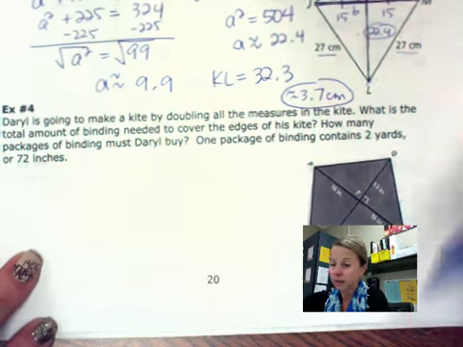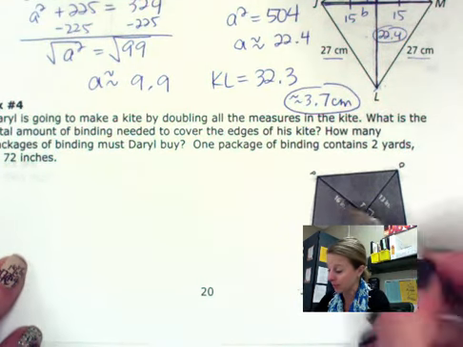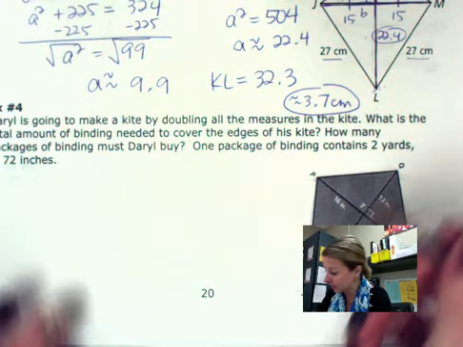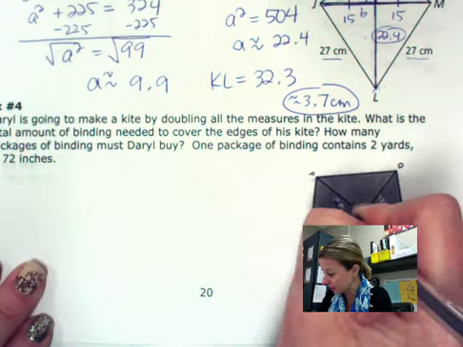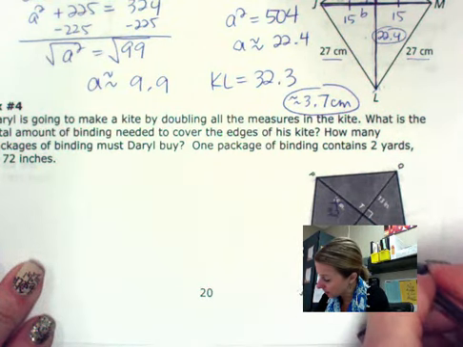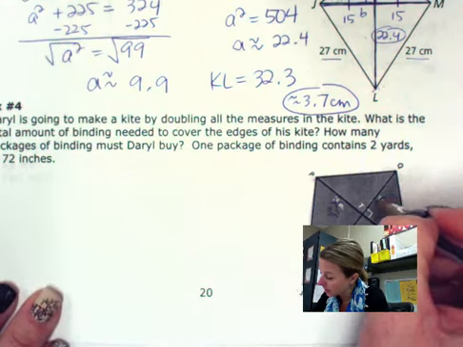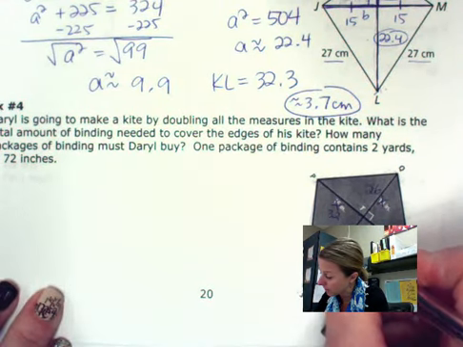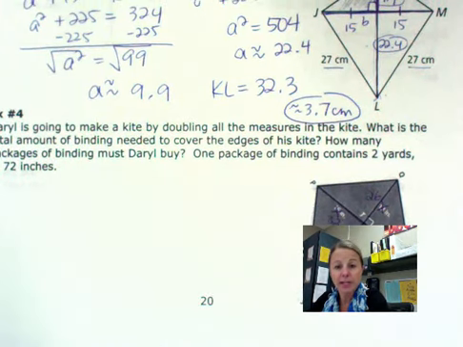So if he's going to double the dimensions, I need to multiply all these by 2. So instead of having 16 here, I'm going to cross that out, he has 32. And so 16 here would become 32. 13 is going to become 26, and then 22 is going to become 44. So I need to modify all those to begin with.